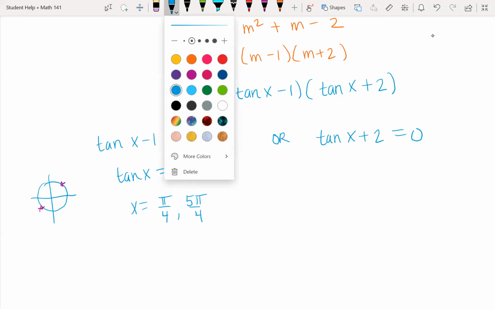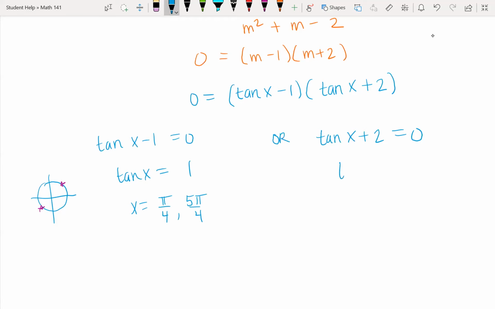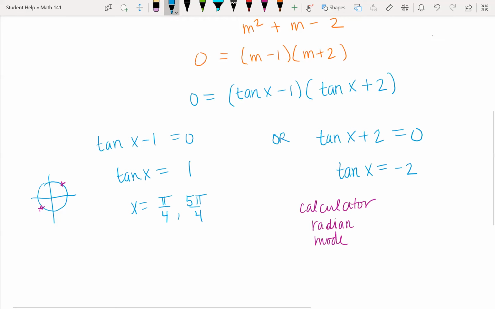For the equation on the right, tangent x equals -2. That's not on the unit circle, so we're going to plug this into the calculator in radian mode. You're going to plug in tangent inverse -2.